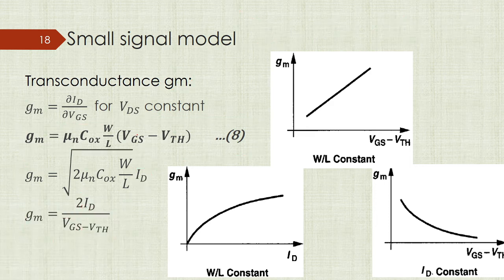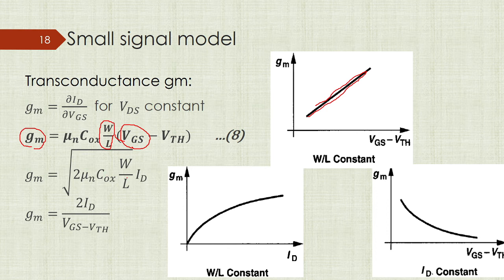Now let's plot those equations. In equation number 8, when we increase VGS, the transconductance will also increase, provided that W over L is constant. You can see that this relationship is linear.